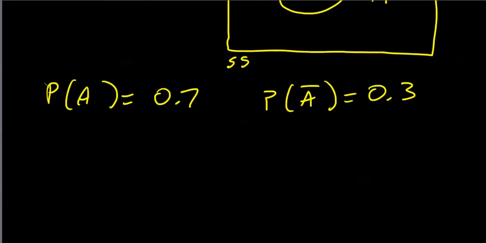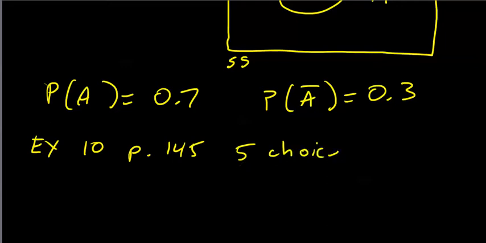The book gives a simple example. This is example 10 on page 145. Let's say we've got a 5-choice, multiple choice question.